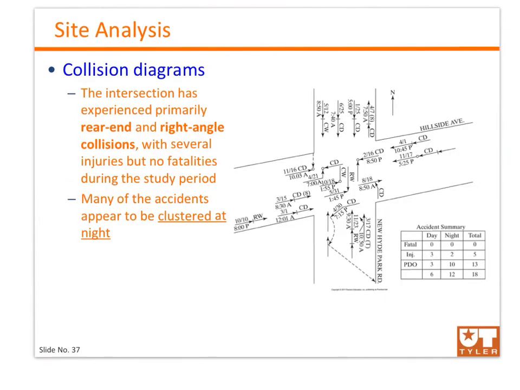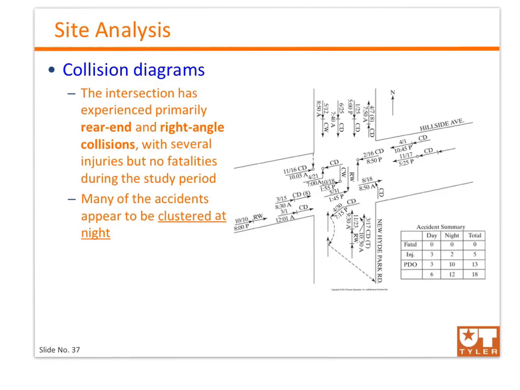This is here an example of a collision diagram. So this intersection has experienced, based on what you could see, primarily rear end and right angle collisions. Right angle collisions, as you could see, are making the 90 degrees, and lots of rear end, as you could see here and there. Pretty much in all the locations you have rear-ended collisions.